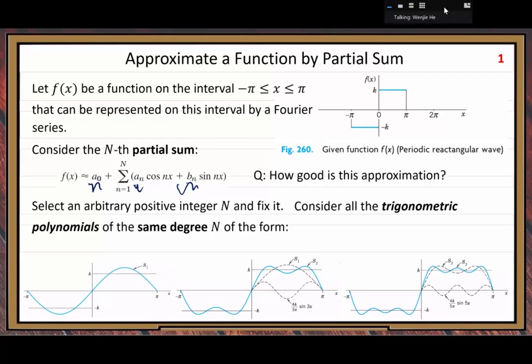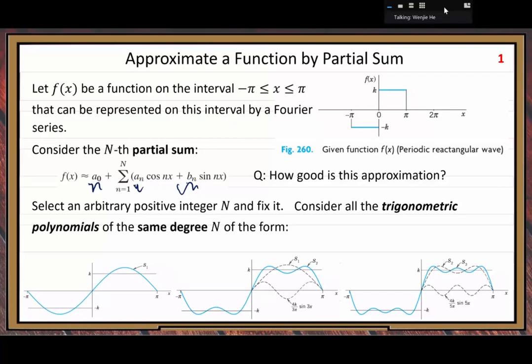Those capital coefficients are not necessarily Fourier coefficients; when you see capital letters, they could be arbitrary coefficients.